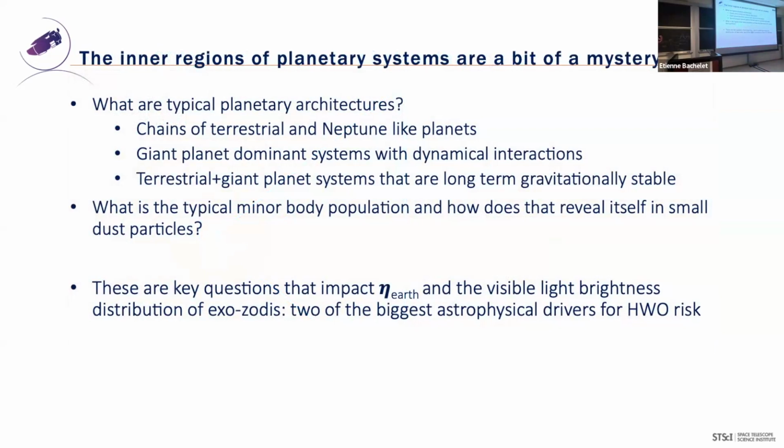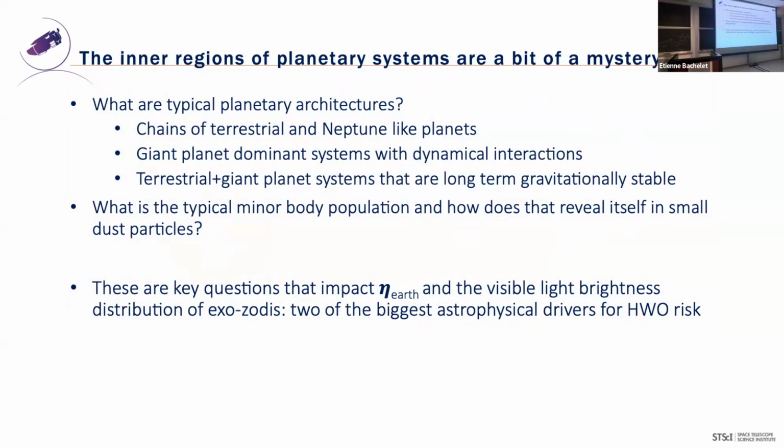We're trying to answer these big questions about planetary systems. Like, what is a typical planetary system architecture? We have a lot of information from a lot of other planet detection techniques, but they all have their biases. And so it's really hard to know what is a typical architecture. Is it a chain of terrestrial and Neptune-like planets very close to the star?